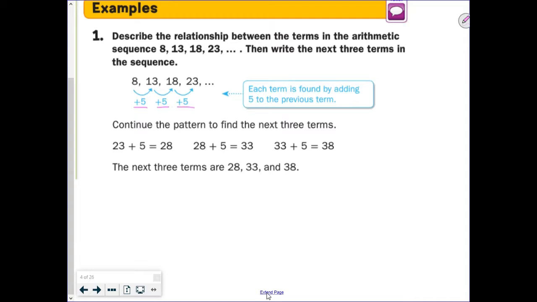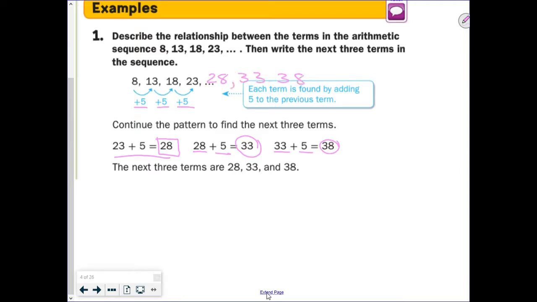So since we are going up by 5 each time, we can add 5 to 23, which gives you 28, and then add 5 to 28, which gives you 33, and then add 5 to 33, which gives you 38. So the next 3 terms would be 28, 33, and 38.